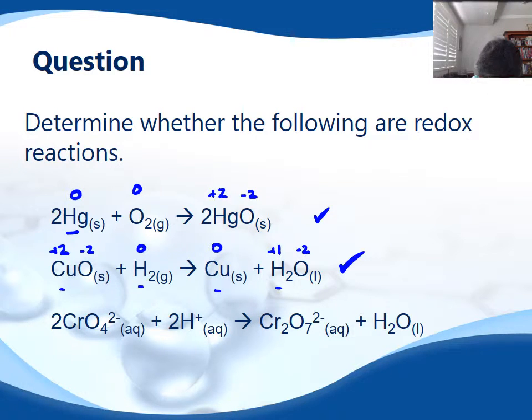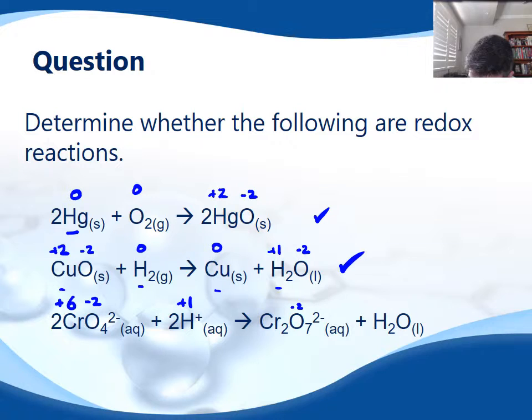In the final one, if we look at the oxygen being a -2, 4 of those is -8, with an overall charge of -2 means we have 6 altogether. So the chromium in this case is a 6+, and hydrogen over here is a +1 because it's an ion. This one we worked out before, so if oxygen is -2, 7 of those -2s will be -14.